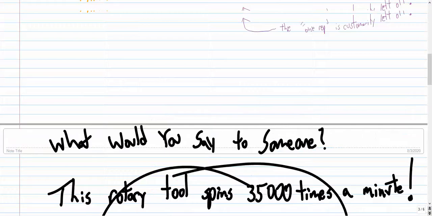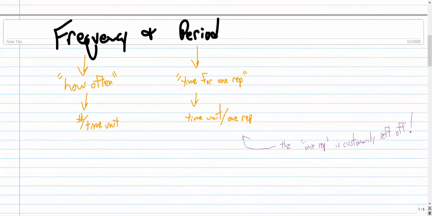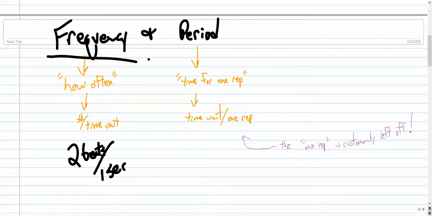That's it. So in physics, every year we talk about frequency and period. So let's just say that the frequency of your heartbeat is 2 beats per second. You could say 1 second if you wanted to. Some people leave it off. So what is the period? How long does it take for your heart to beat once? Well, what if I tell you that frequency and period are reciprocals of each other?